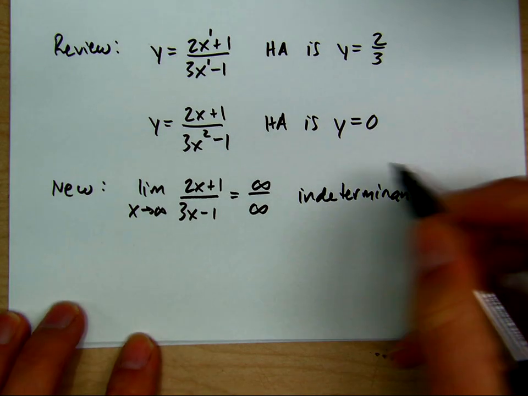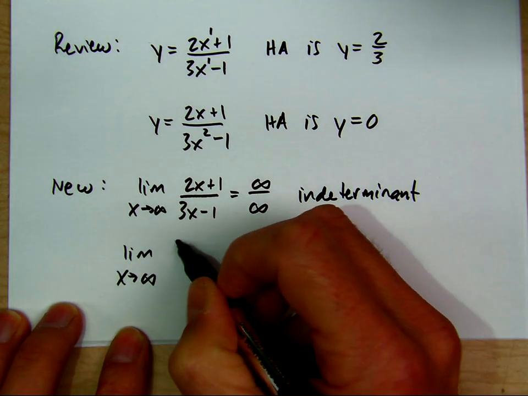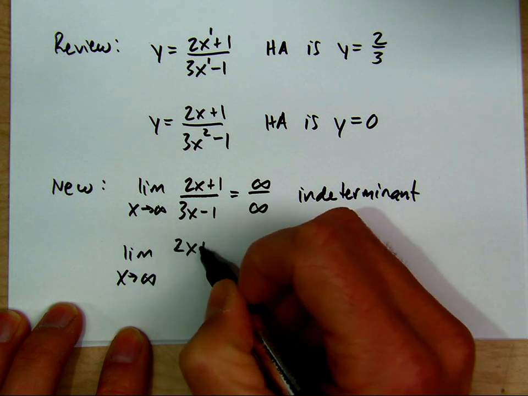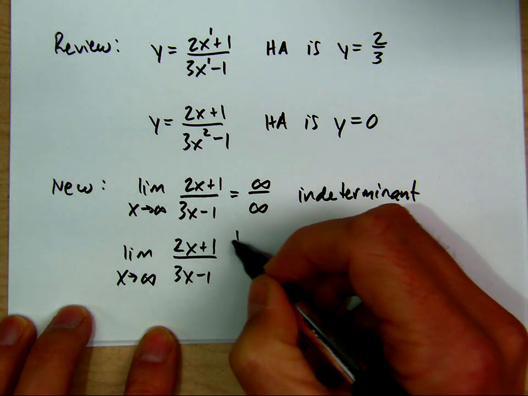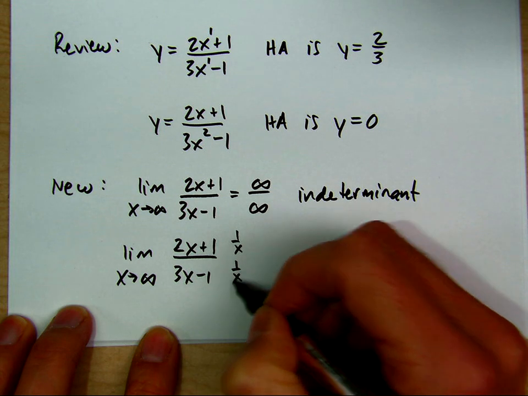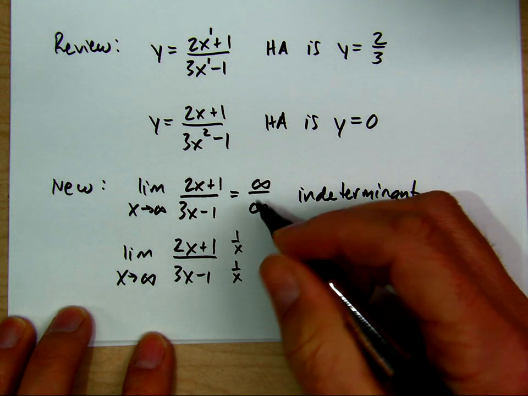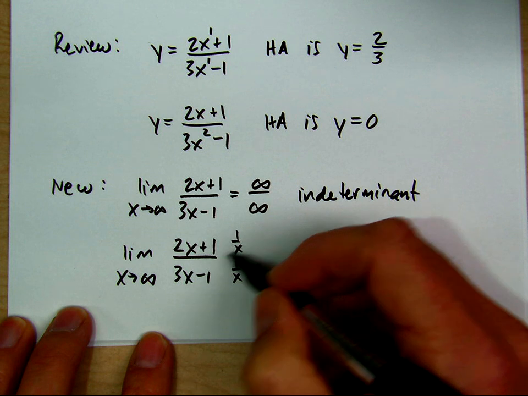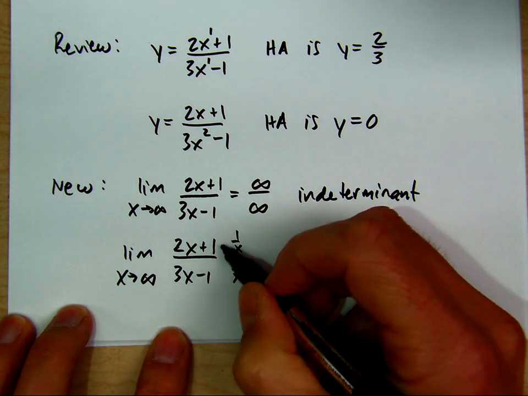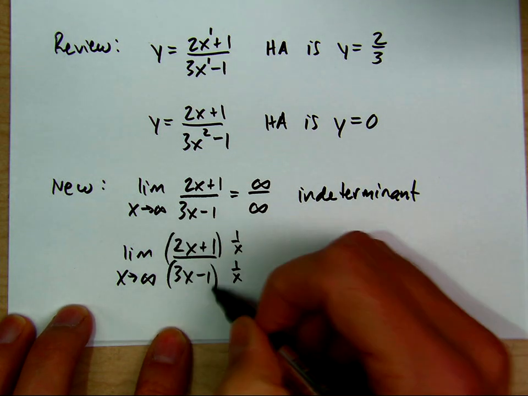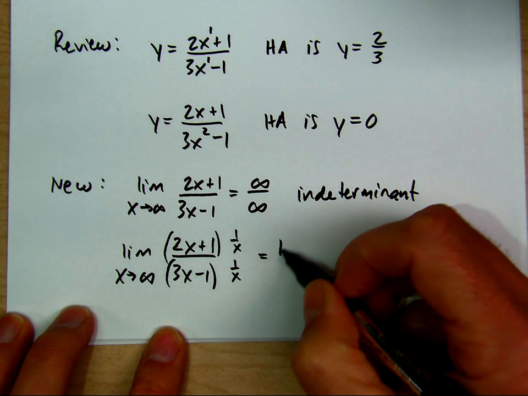And what we're going to do today is rewrite the numerator and denominator by multiplying by 1 over the highest degree of the denominator. So this will create terms that go to 0.